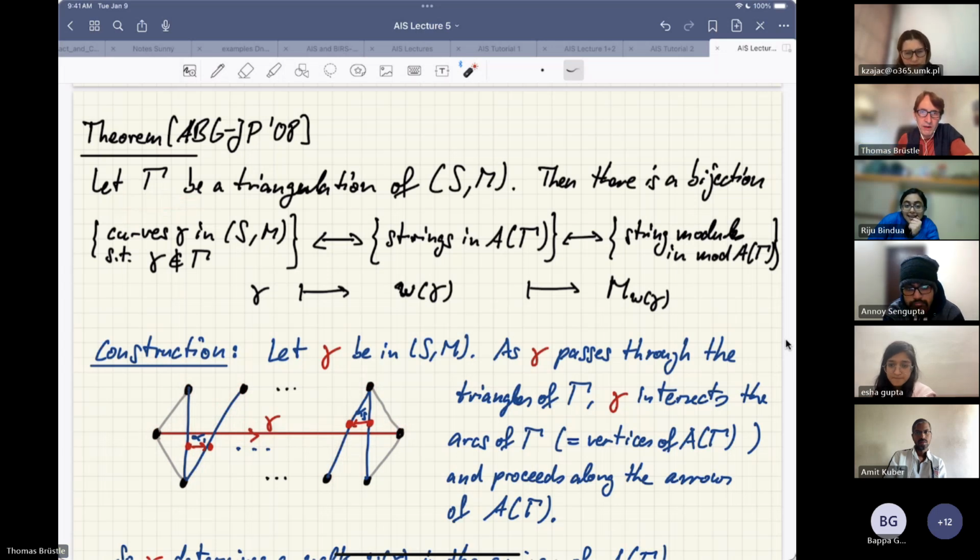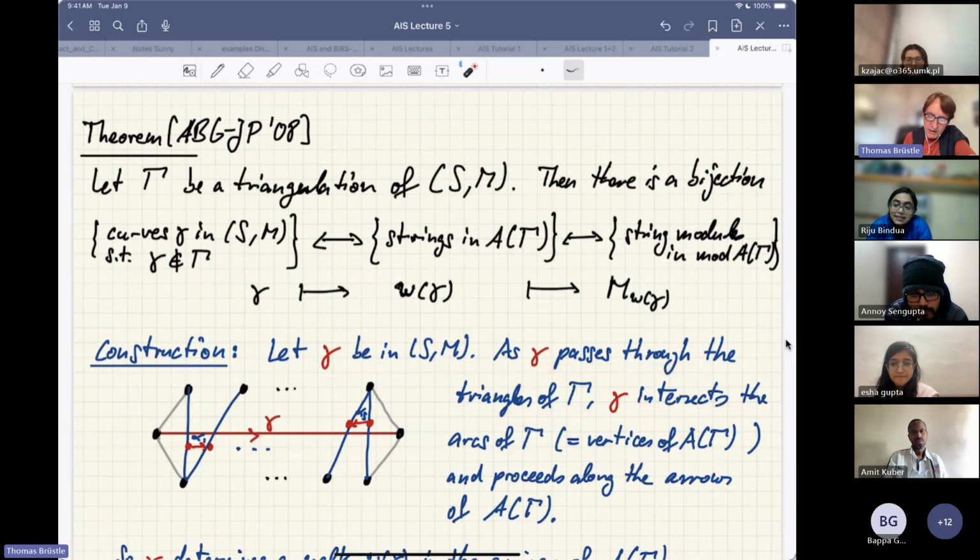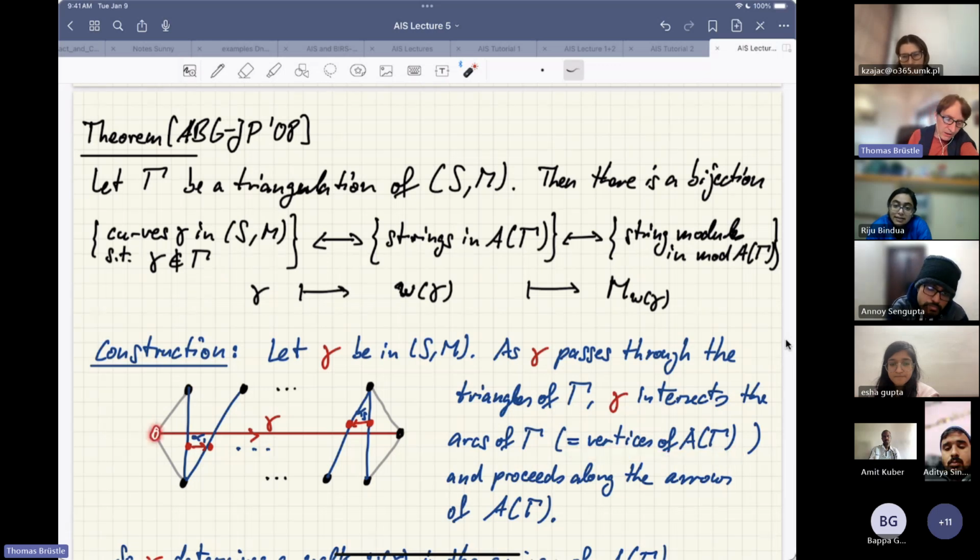It passes through the triangles of gamma and intersects the arcs of gamma. But remember, the arcs of gamma are the vertices of the quiver of the algebra. So when I start with my curve, there's a first point where I hit a vertex of the quiver. Then I move along to the next vertex of the quiver, along an arrow in the quiver.